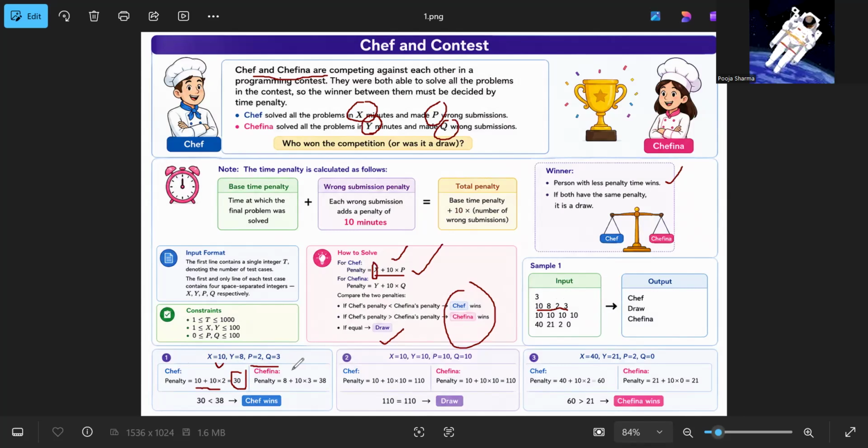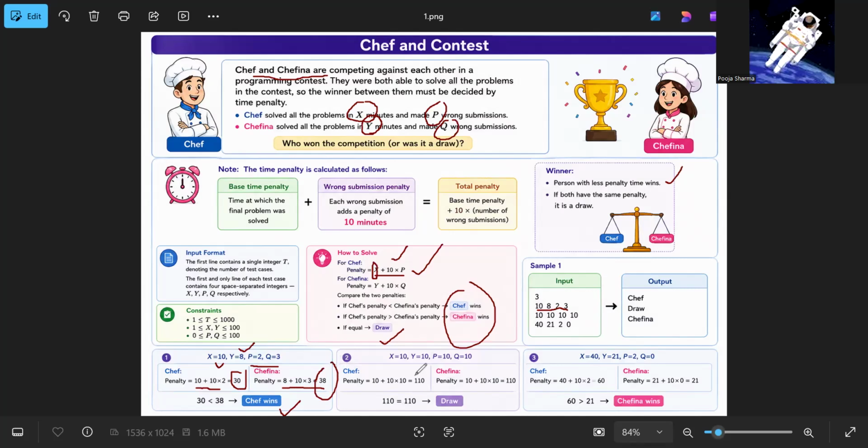Now let's talk about Chefina. Here Y value is 8. Y plus 10 multiplied by 3, that is Q, which gives 38. Which one is greater? 38 is greater. It means the penalty time taken by Chefina is greater than that of Chef. So who is the winner? The Chef will be the winner. If it's less, then Chefina will be the winner.